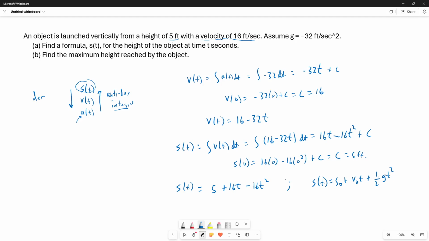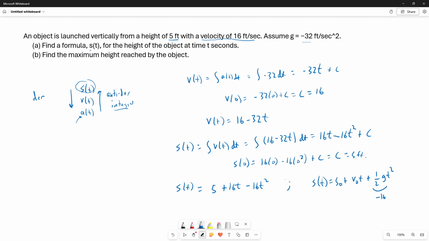So plus 1/2 gt squared, where g is the gravity. In our case on Earth, it's negative 32. So this number became a negative 16. So there's the general formula for vertical projectile motion, the height of the object at time t.